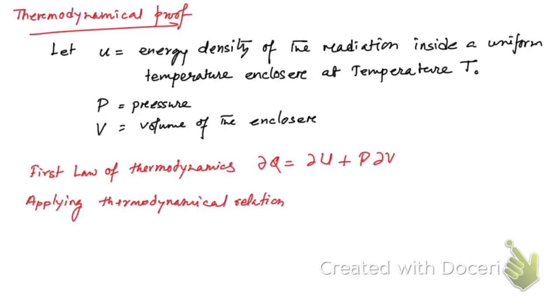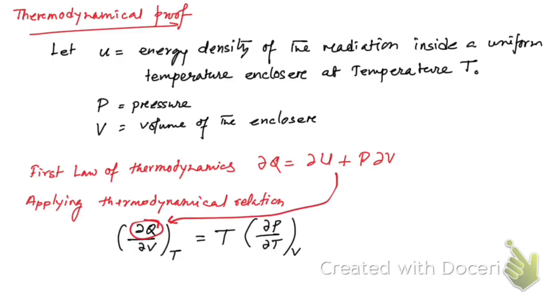Hope you know this relation, that is del Q by del V at temperature T is equal to T into del P by del T at volume V. Here we are going to replace this del Q by this relation.